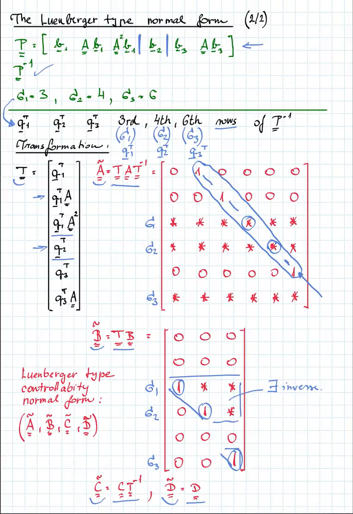So this is the Luenberger type controllability normal form. If we have the system representation A, B, C, D, and we use the transformation matrix T, as I mentioned here, according to the Luenberger type normal form and the selection scheme, we are going to get a very special form of the transformed system representation of the equations.